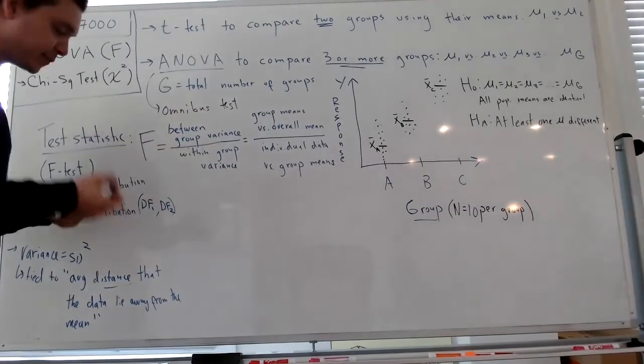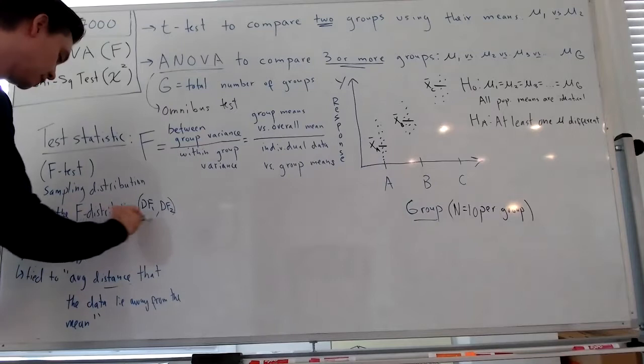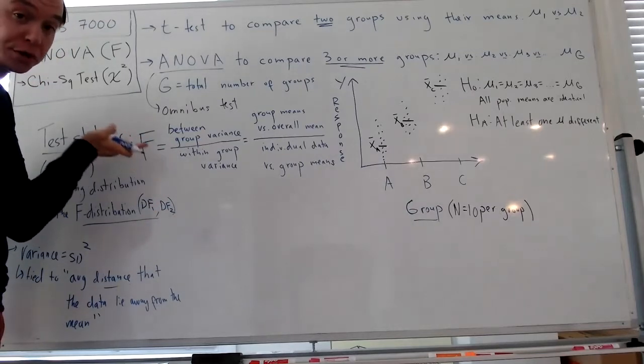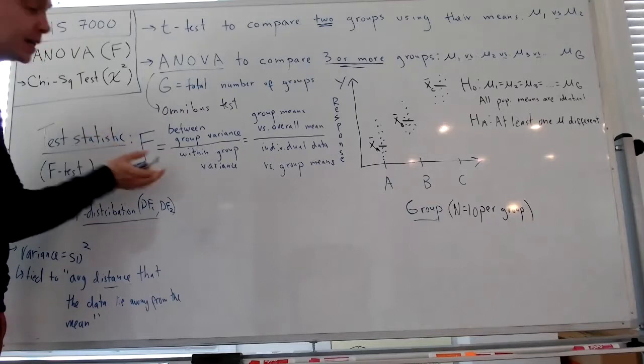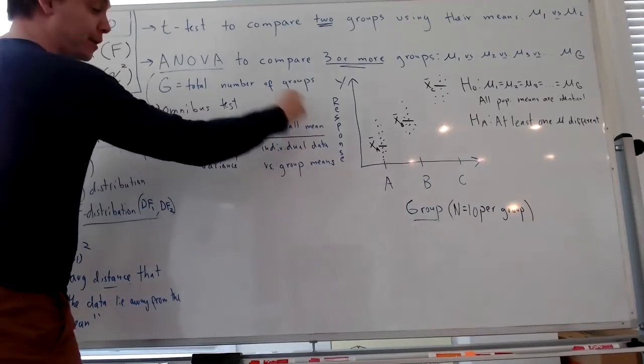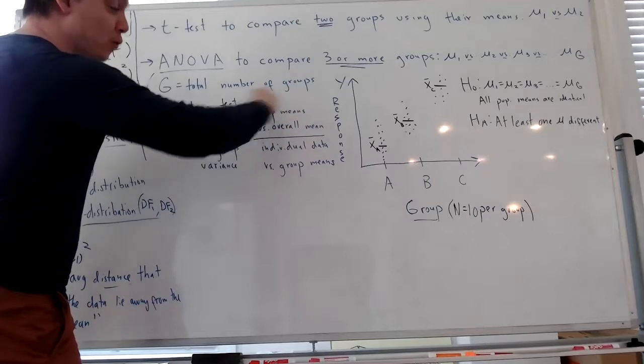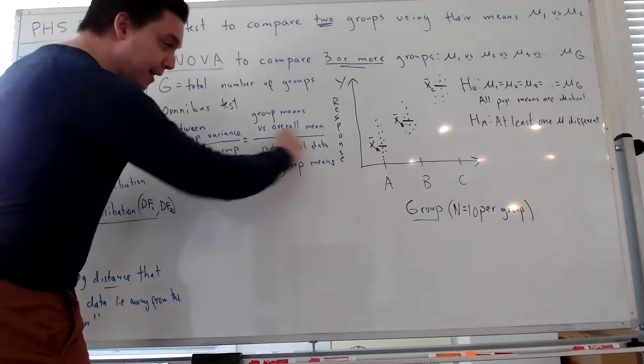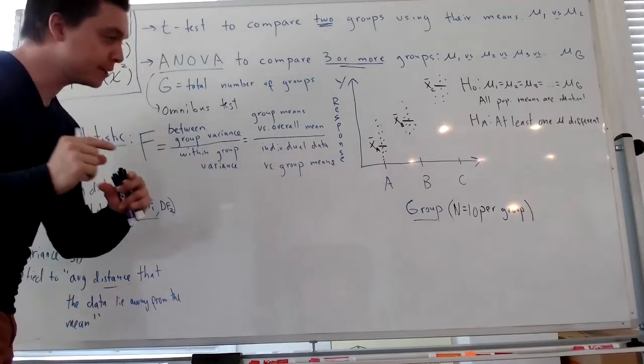And as we often do, we're going to reject the null hypothesis for large values of F. So if your group means are far away from the overall mean, but your data within each group are quite clustered.